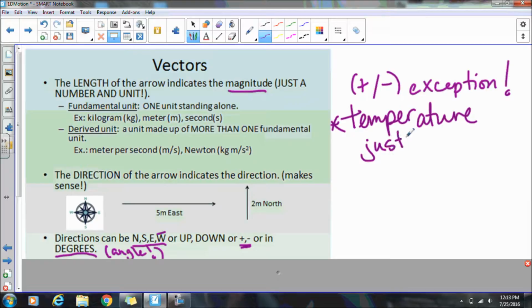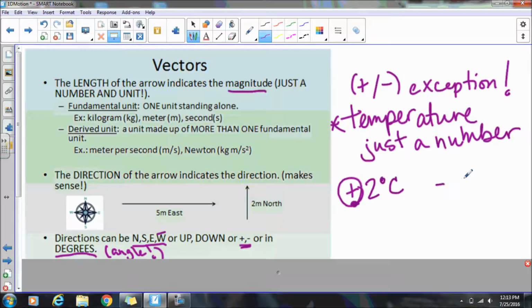It does not matter if it's positive or negative. If you have a temperature of positive 2 degrees C, it's pretty cold, but it's above freezing. That's what a positive degree C means. This positive does not mean that it's a forward temperature. It's just based on the scale.